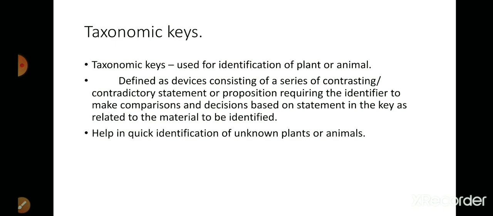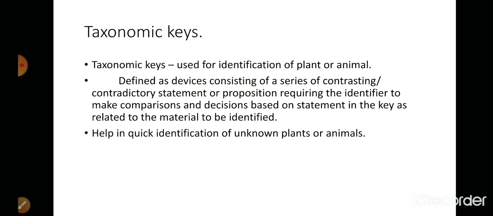This identification key, or taxonomic key, helps to identify unknown plants and animals. We know that the earth's surface has a great variety and diversity of animals, and not all of these animals are yet known to human beings.